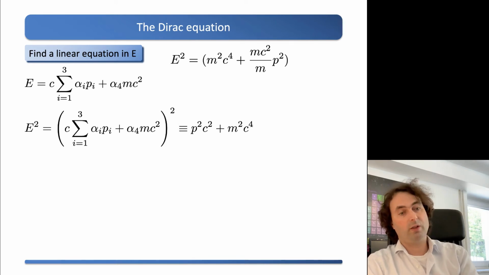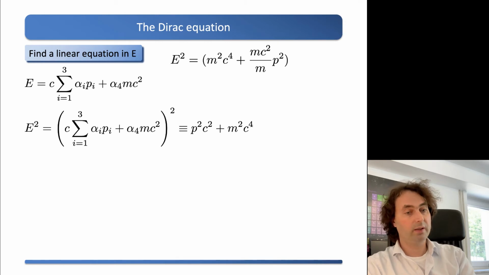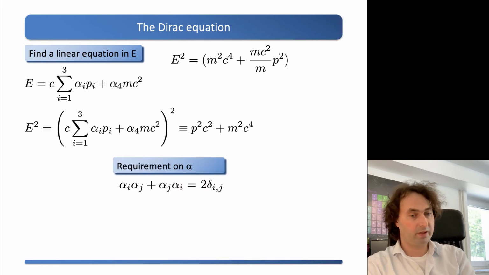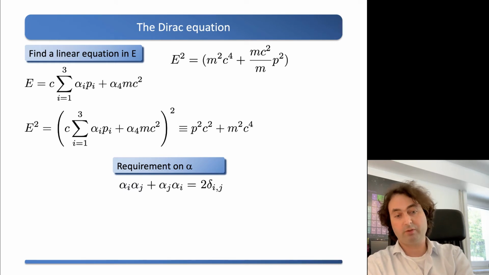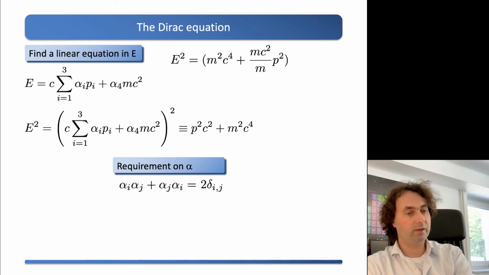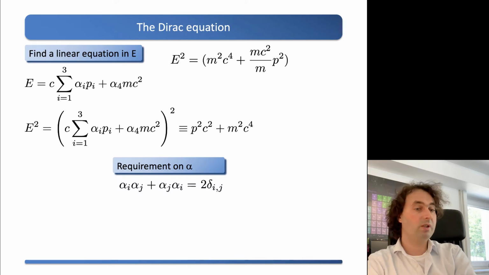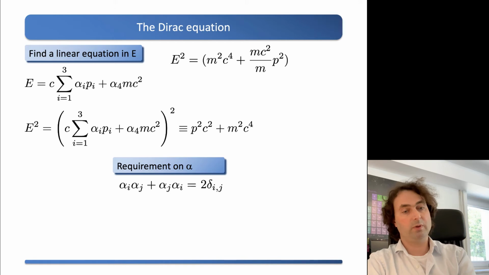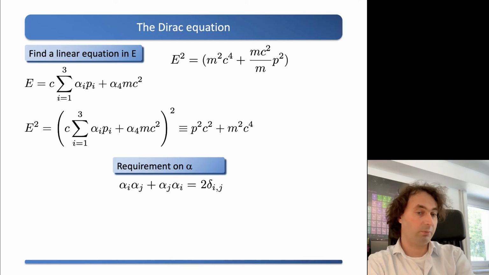Now the question is, what are the values of alpha i that we need to fulfill this equation? You can write out these equations, and when alpha i alpha j plus alpha j alpha i is 2 delta ij, then you will find that energy linear in p plus mc squared, when you square it, will give you exactly p squared c squared plus m squared c to the fourth. The cross terms alpha i alpha j have to disappear for this to hold.